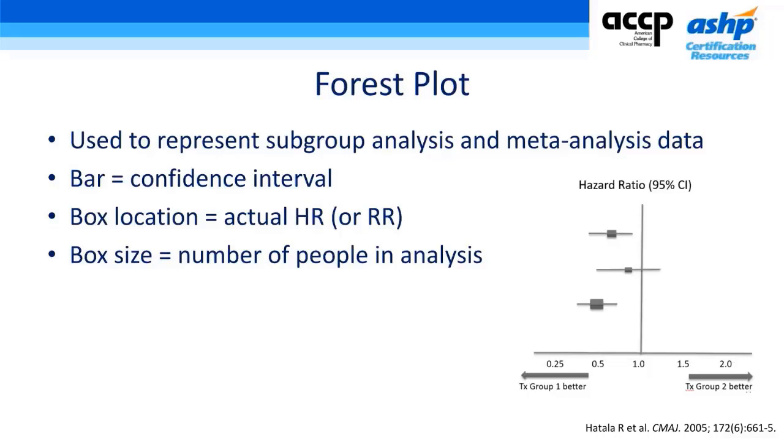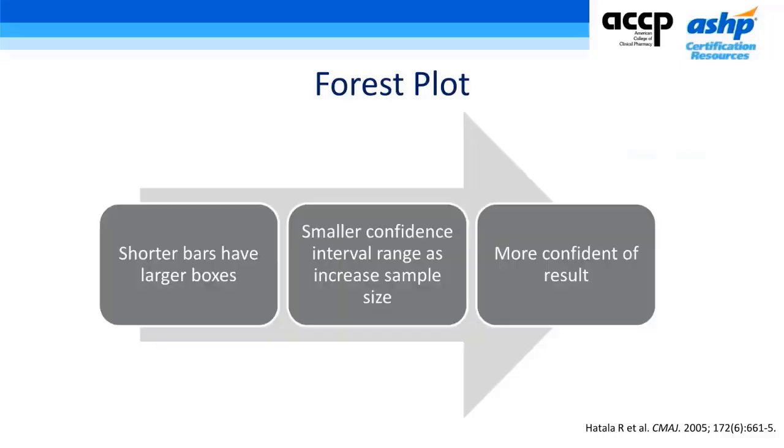And so the top bar and the bottom bar would depict that the treatment group 1 is better. The middle bar shows that there is no difference between treatment group 1 and 2 because the confidence interval crosses 1 or includes 1. So some pearls to think about with forest plots.